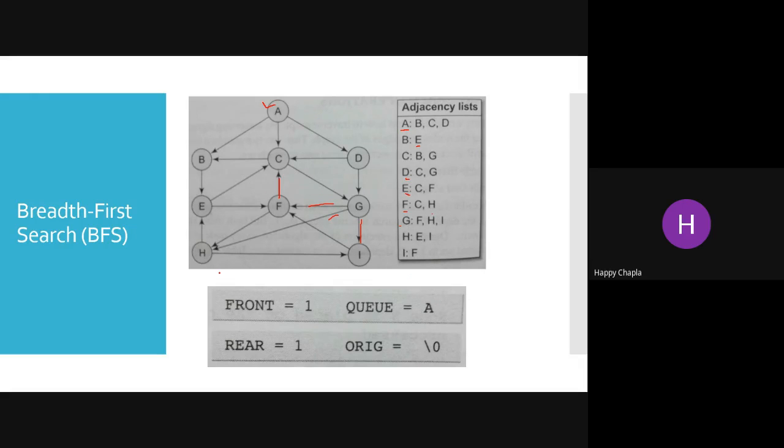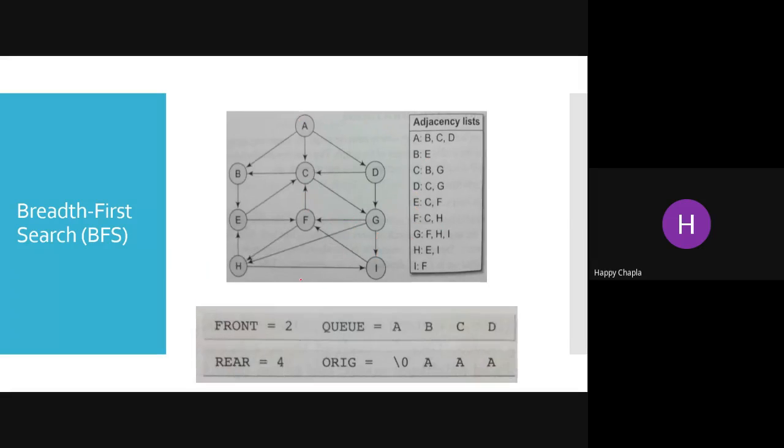Correct. Now starting from the A node, my queue is starting with A. Origin is equal to null क्योंकि अभी उसका status 2 नहीं हुआ है. Right, my front and rear both are pointing at the first location. Now we are trying to make the queue. First step, according to the adjacent nodes, we have to make the entry of those nodes in the queue.